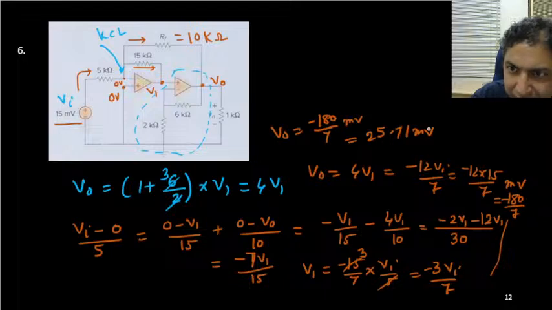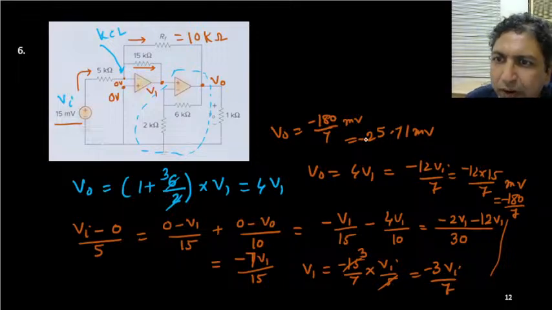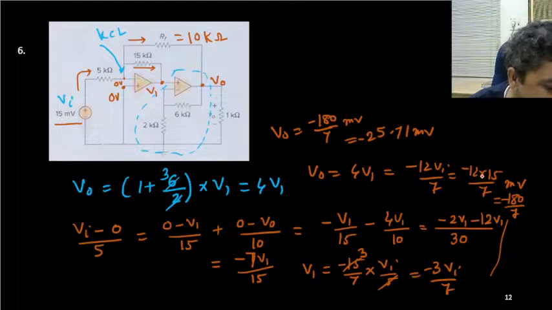I think this answer will also be in the millivolt. It's a minus sign. So minus 25.71 millivolt. I think it's correct. So this is a little bit tricky. Very similar questions I am giving you.